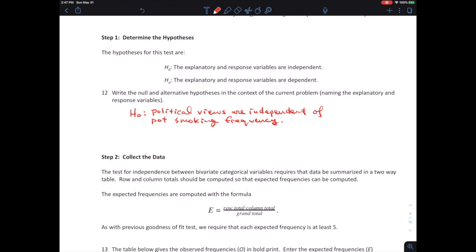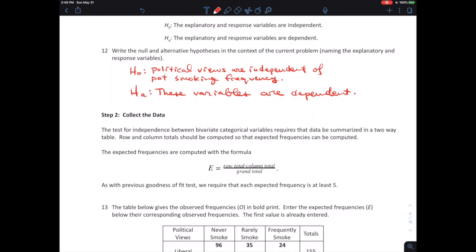The alternative hypothesis would say that they are dependent. I'll just say these variables are dependent.